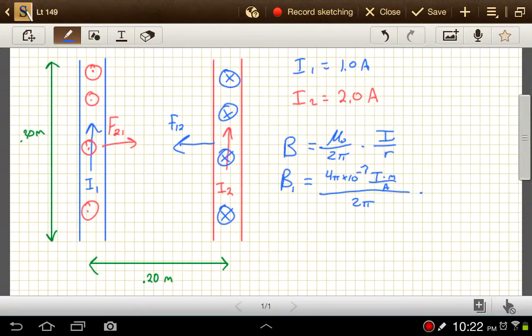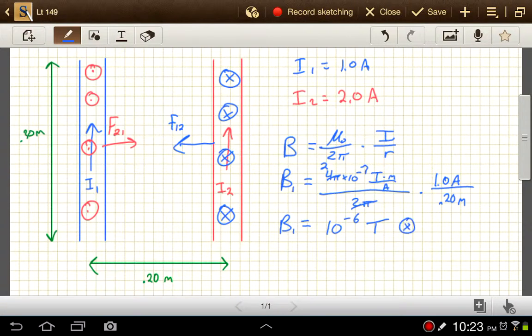So that's I1, that's 1.0 amps, divided by the distance from this wire to this location where we're looking at the magnetic field, which is 0.20 meters. So the magnetic field at that location, and these will cancel, leaves us just with 2 there. 2 times 1 divided by 0.2 would be 10 times 10 to the negative 7th, so that's 10 to the negative 6th Teslas, and that is into the page.